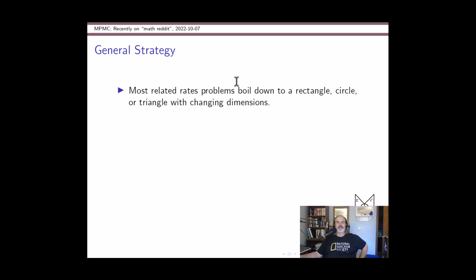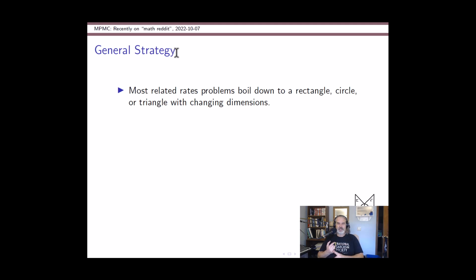Okay, so let's think about the general strategy for related rates problems. First of all, these are called related rates because you're going to relate rates of change to each other. You're generally given a scenario which boils down to a geometry. You're going to end up drawing, and you will draw a picture.